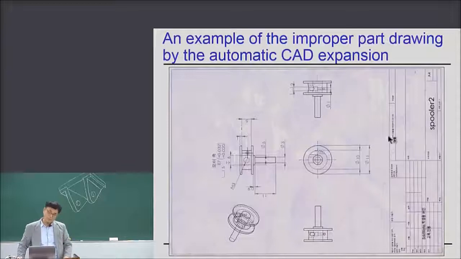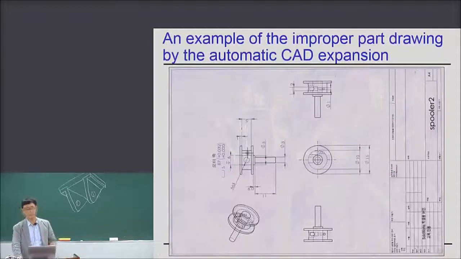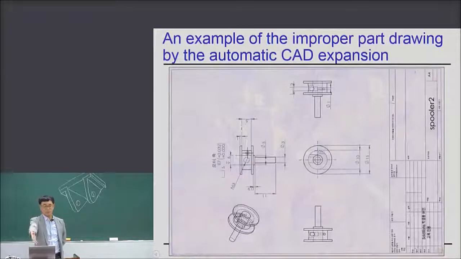If you finish my lectures on the part drawing, product drawing, then you must point out the mistakes of this part drawing. This is a very, very poor part drawing. If this is a language, then this is a language which cannot be understood by technicians in the field. Now, which is wrong?